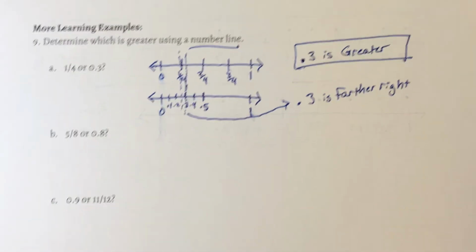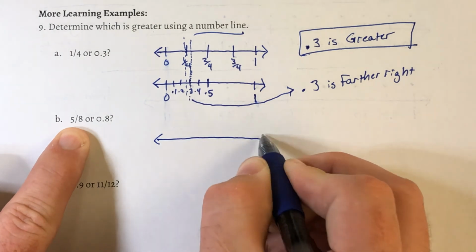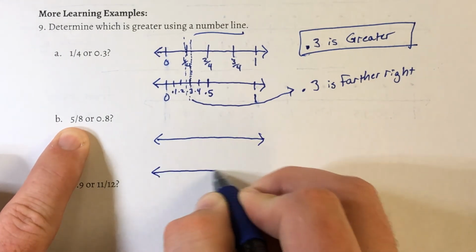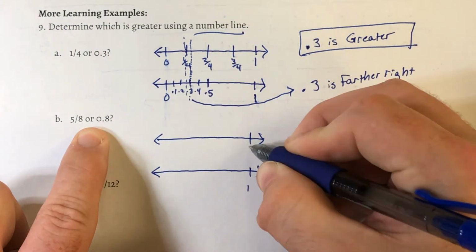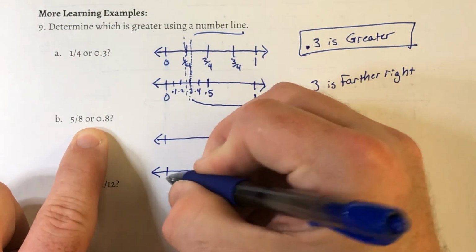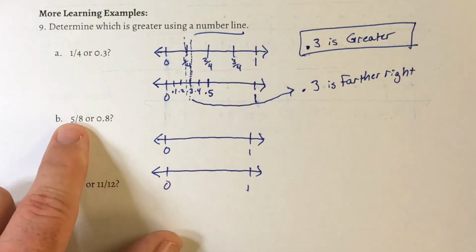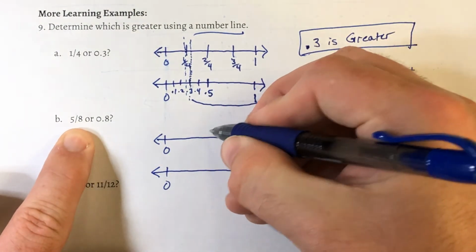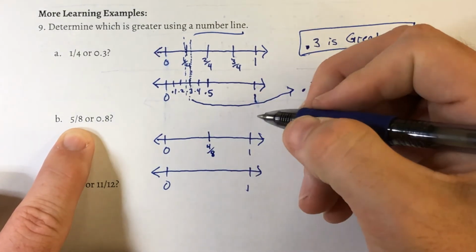All right, next example, we've got 5/8 and 8/10. Same idea. Draw two identical number lines. These fractions and decimals are both smaller than 1, but greater than 0. Match up your numbers as perfect as possible. Next, 5/8. All right, I know half is going to be 4/8.